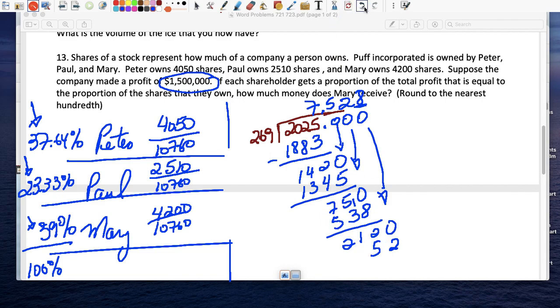No, can't be. It has to be a 7. So we don't have to do the subtraction, but this rounds to 7.53. So 7.53, and we've got to multiply that with, oh, I forgot the number. Was it 75,000?